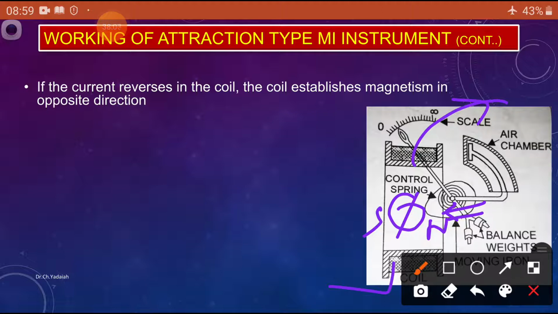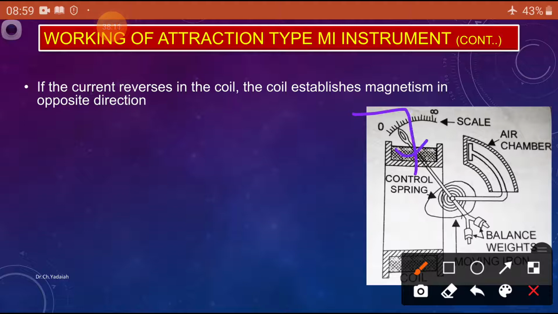In the second case, for example, if the current enters at the other end and leaves, the current direction changes. Even then there is a magnetic field, with south and north poles developed, and the south pole also tries to attract the iron piece. So if the current reverses in the coil, it establishes magnetism in the opposite direction.